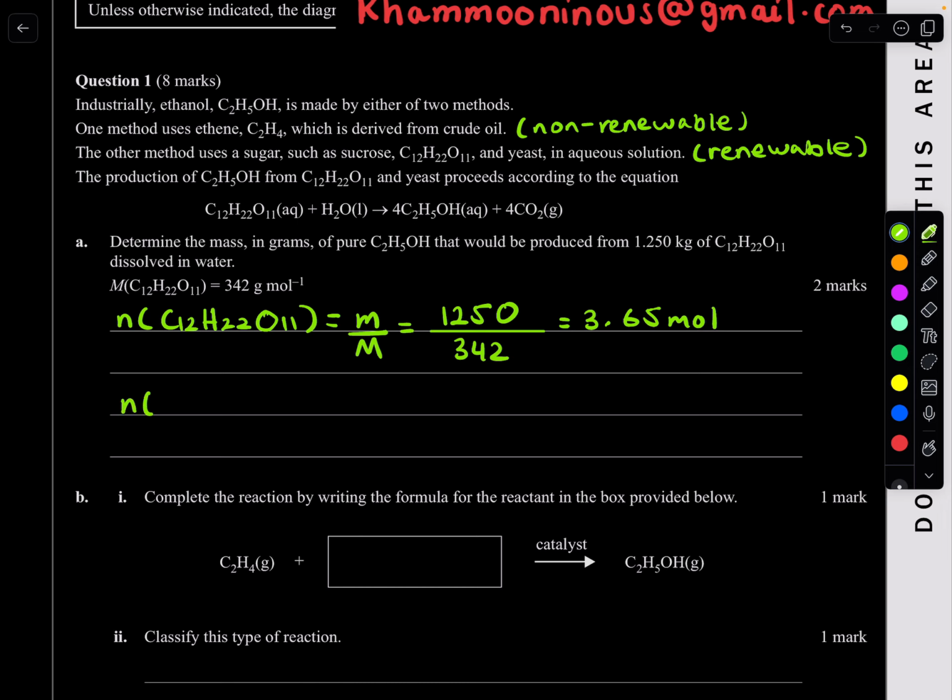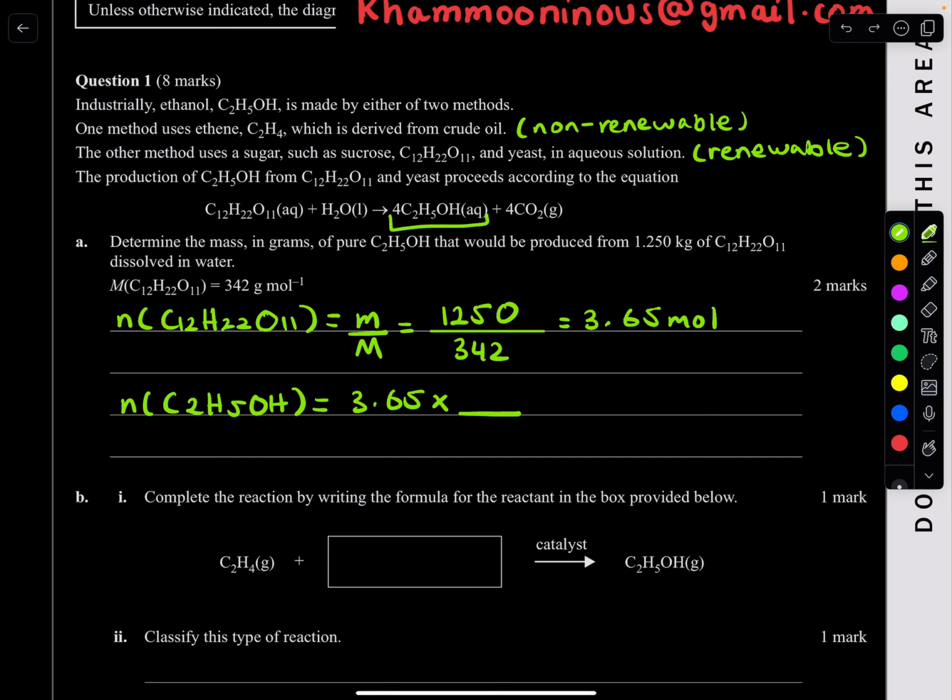So to find the mole of ethanol, I'm going to take the mole of sucrose and multiply by this fraction, where the top part is what we want to find, the coefficient.